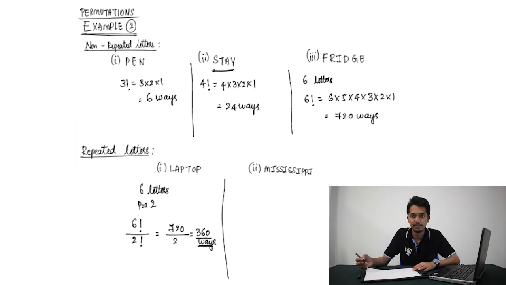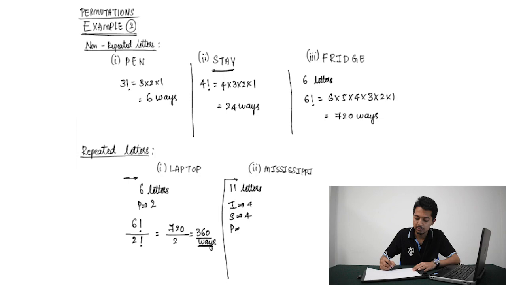For the next example, Mississippi, we have a total of 11 letters, and the number of repetitions of I is 4, S is 4 and P is repeated 2 times.